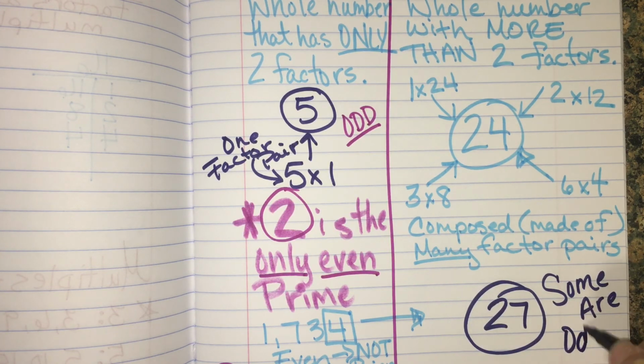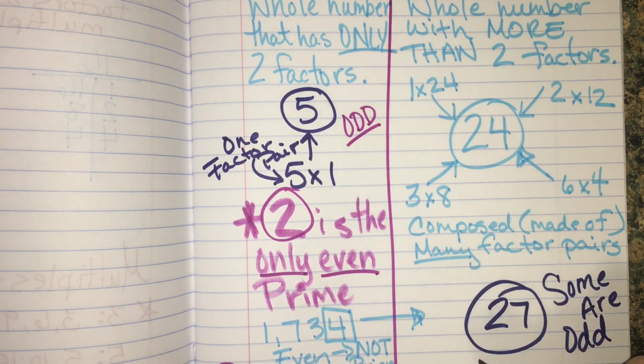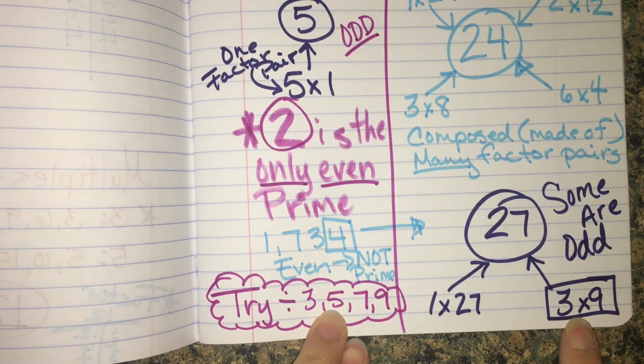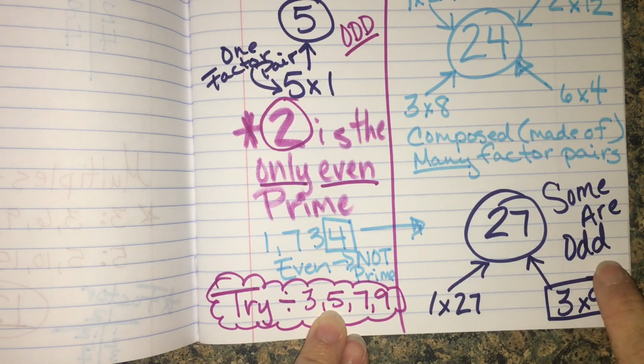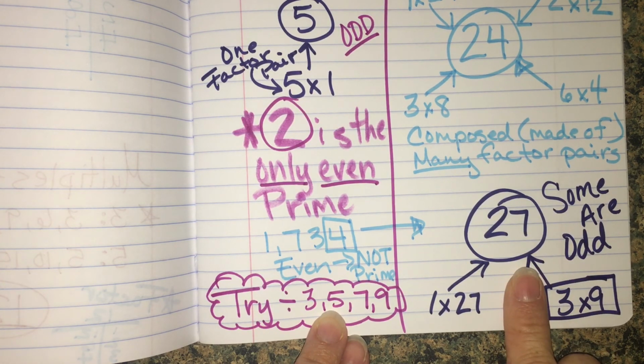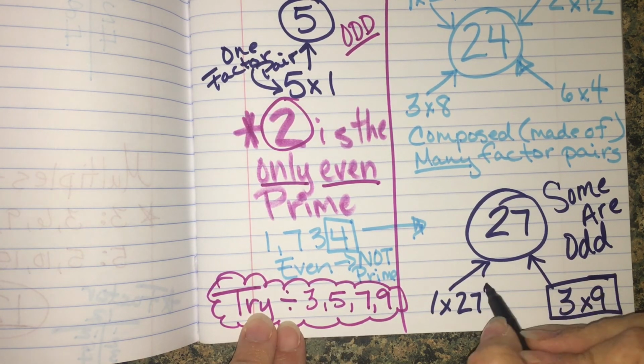And if you think about 27, I can do 1 times 27, which is the easiest one to find, but I can also get there by doing 3 times 9. If you can list another factor pair for that number, that means that it's composite. So be careful. Don't just look at odd numbers and think they're all going to be prime. Some are odd that fall over on this composite side. So you really have to know your facts.